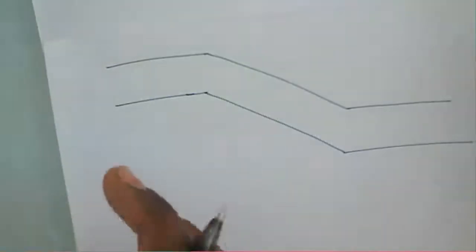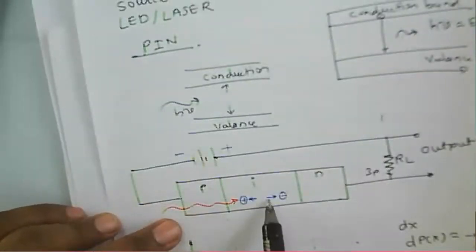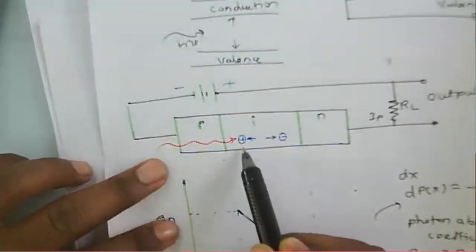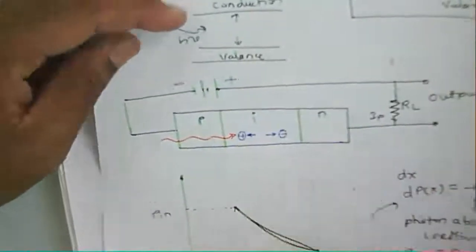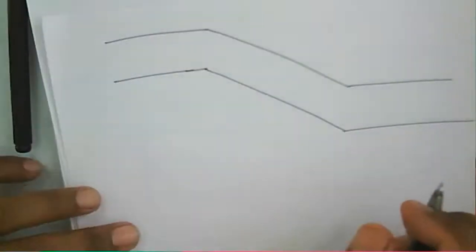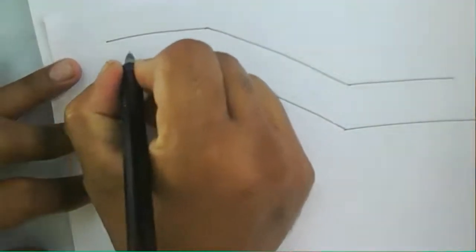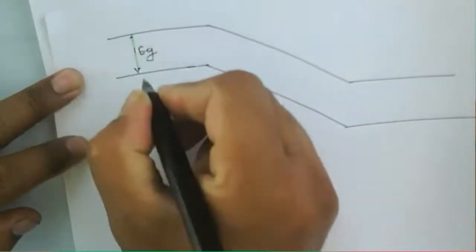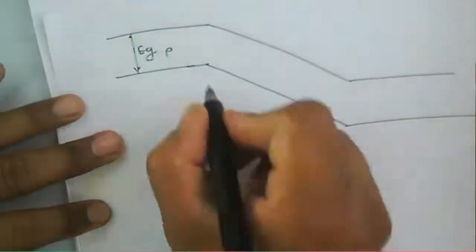This is the generation of the electron hole pair. When your light falls on this, an electron and hole pair is generated, and that's why current is propagating through the device. So here is a simple energy band diagram for this PIN diode, and we say this is about a band gap energy, that is Eg for the P here.